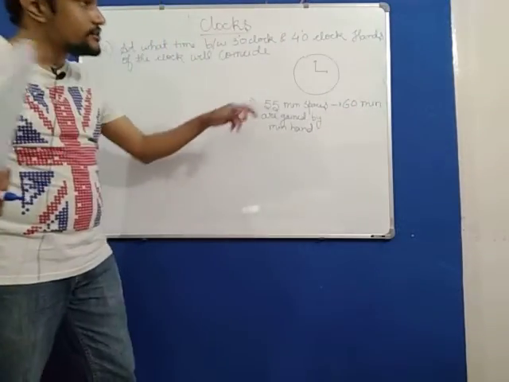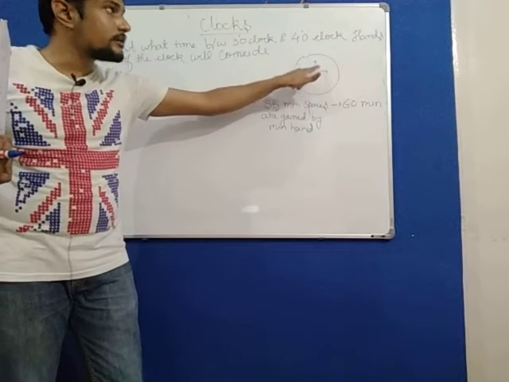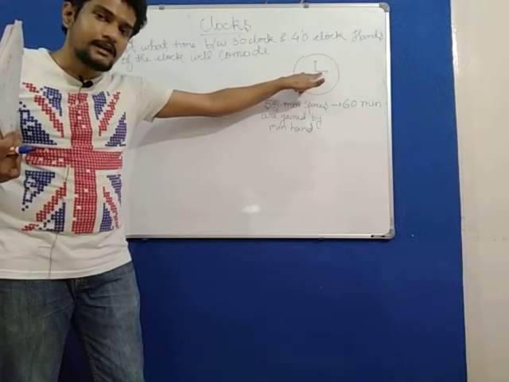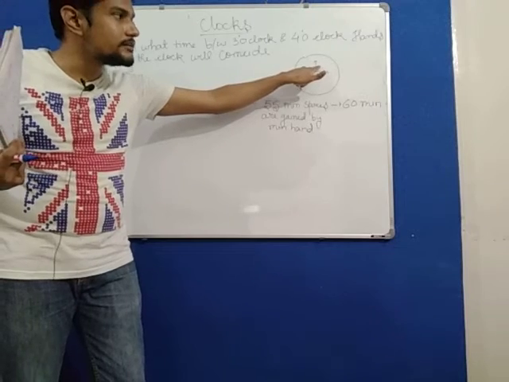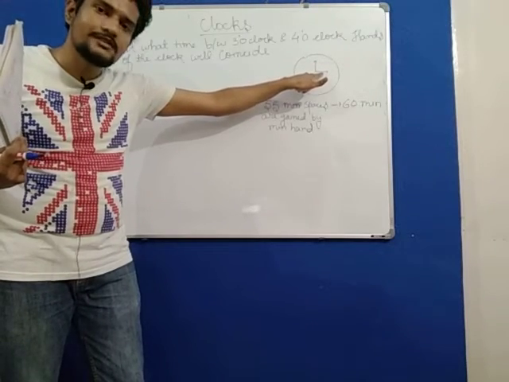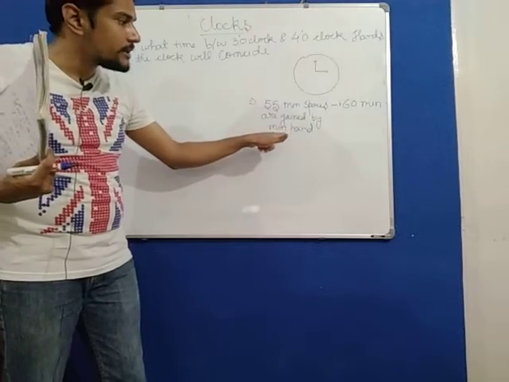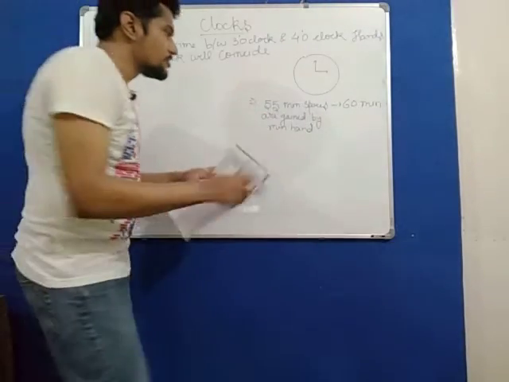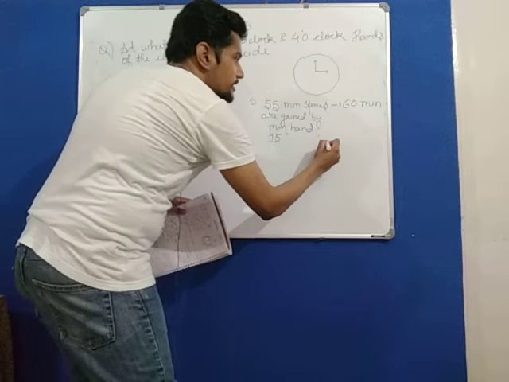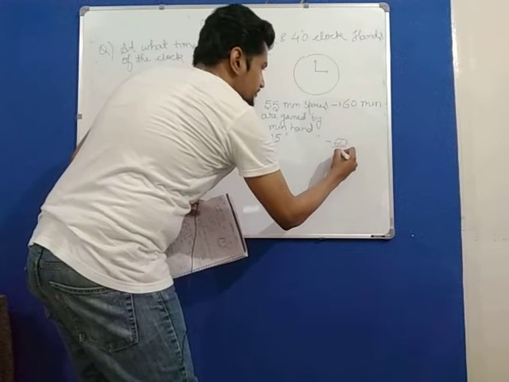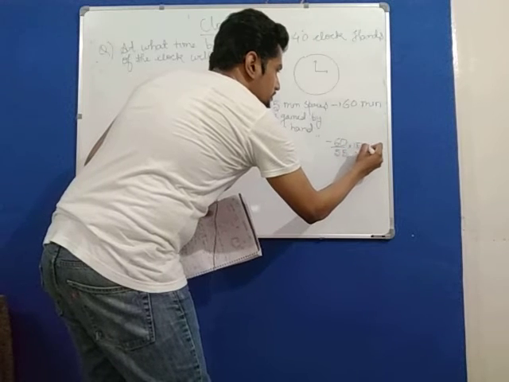So if we assume that the hour hand is constant at 3 o'clock, then 15 minute spaces is what the minute hand will have to move to coincide with the hour hand. Now we know that 55 minute spaces are gained by the minute hand every 60 minutes. So 15 minute spaces will be gained by the minute hand in 60 by 55 into 15 minutes.